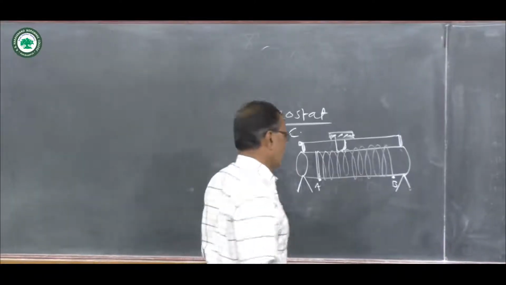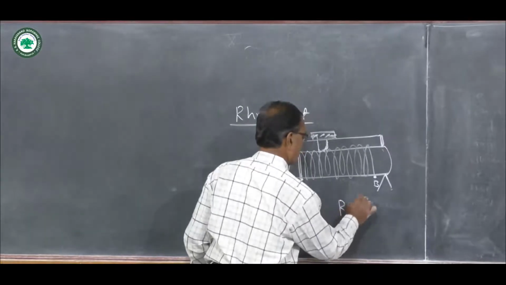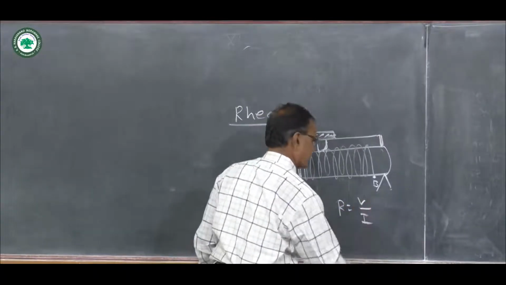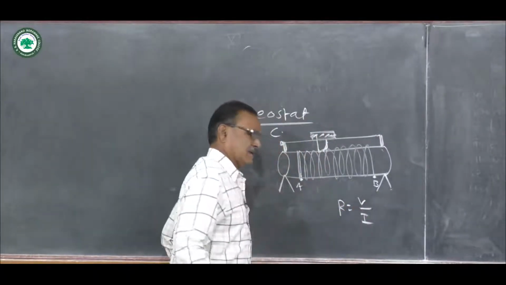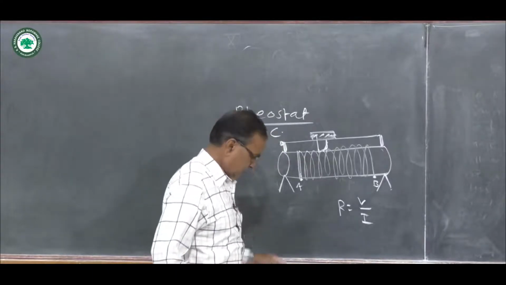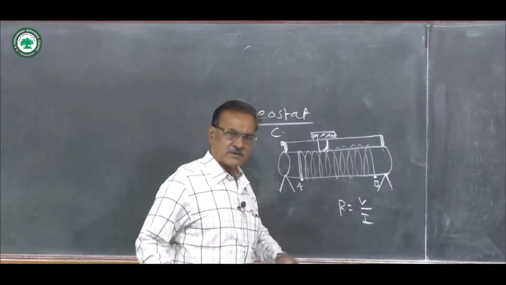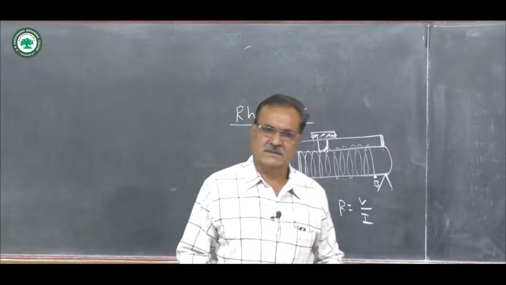And now by using Ohm's law the current also automatically varies. That is, resistance and current are inversely proportional to each other.